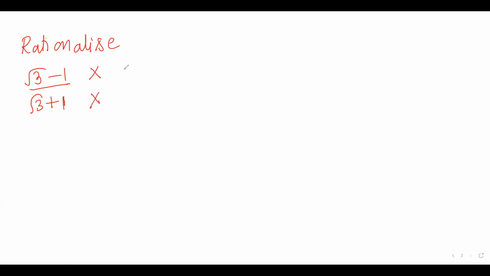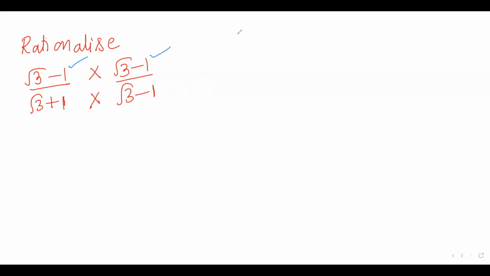The rationalizing factor would be root 3 minus 1. We should multiply and divide with root 3 minus 1. You should take the opposite sign. If you are having plus in the denominator, you will be taking minus and multiplying numerator as well as denominator. Is that okay?